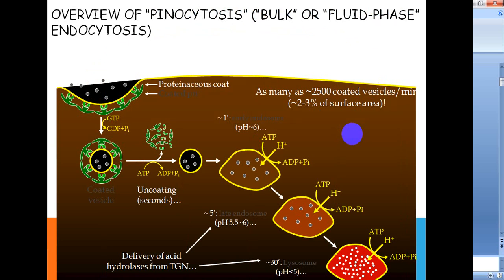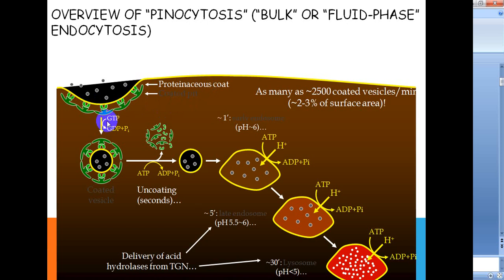Here this is the invaginated plasma membrane, to which there is a proteinaceous coat. This kind of structure in the plasma membrane is called a pit, and when the pit is coated with a proteinaceous coat, we call this a coated pit.